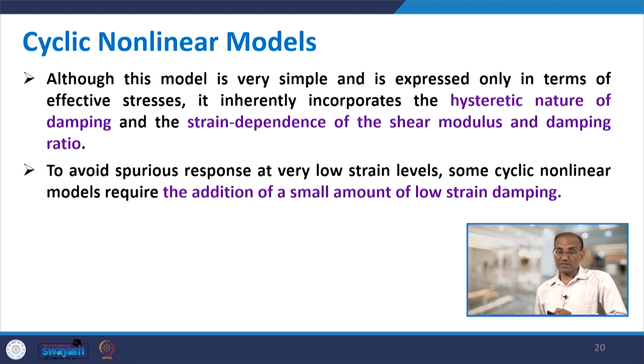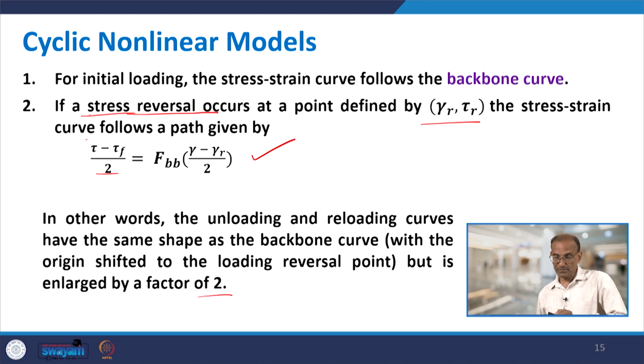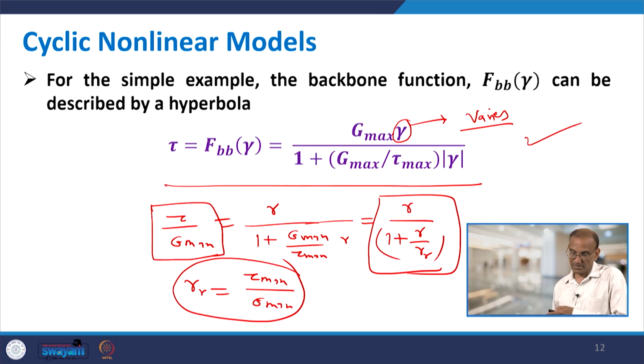Although this model, the cyclic nonlinear model, is very simple, particularly this one of the hyperbolic type which we are discussing here, this is described by a hyperbola, and in general this model is called the hyperbolic model.